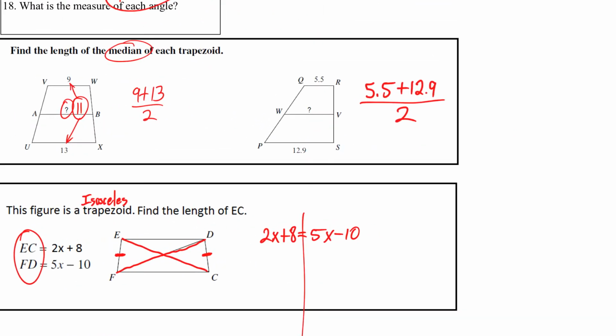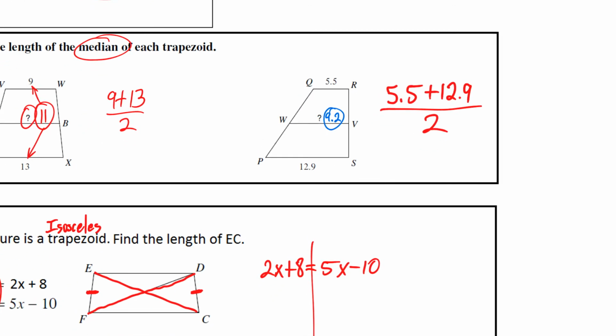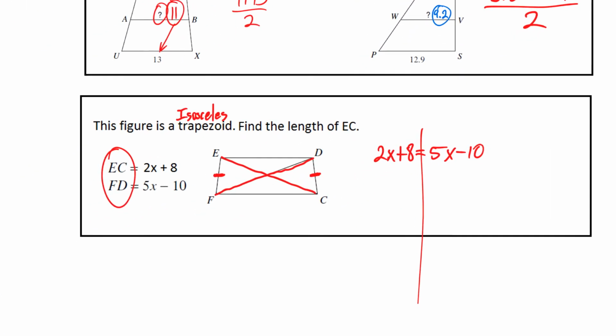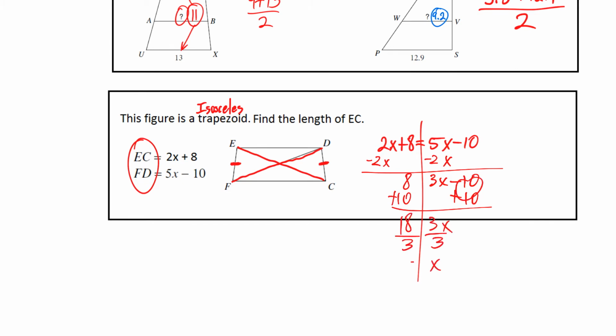Okay, we already did that one. What'd you get on this one? 9.2. Okay, on this one, we already set it up, so just solving for x here, so subtract 2x from both sides. 8 equals 3x minus 10, add 10. 18 equals 3x, divided by 3.